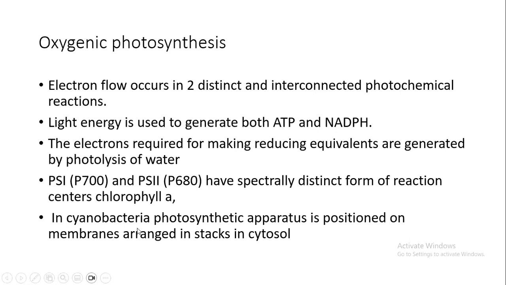So in case of cyanobacteria, they do not have specialized structures such as chloroplasts, which are present in case of plants. So in these bacteria, the process will take place on the membranes itself, which will be stacked similar to that of membranes of the chloroplast in the cytosol.